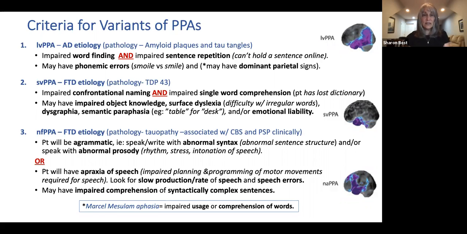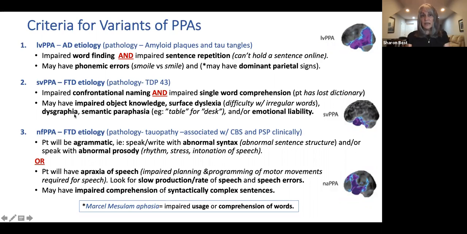So if someone has lost them from their dictionary, they may revert back to their phonemic knowledge. For instance, the word pint has a long I, and we're taught that long I's typically have an E on the end of the word, but pint doesn't have an E. So they may revert back to their phonemic knowledge, and they may read that word as "pinnt." We'll talk a little bit more about that later.